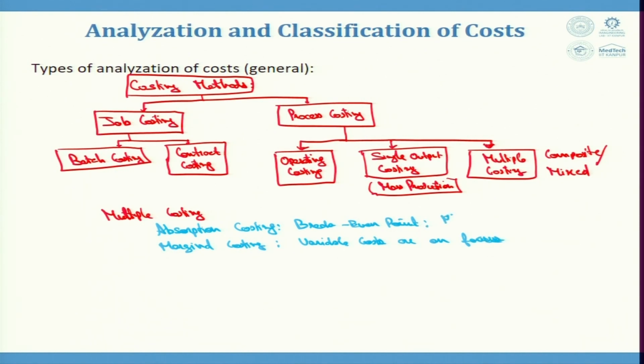Here fixed and variable both are taken into consideration majorly. Then something that is known as ABC costing, which is known as activity based costing.